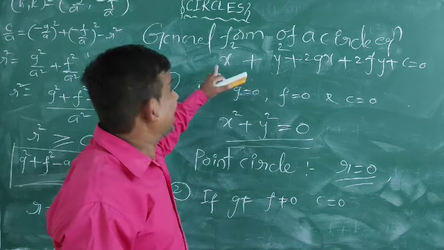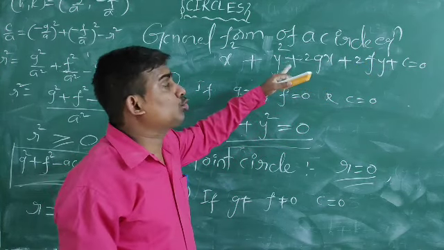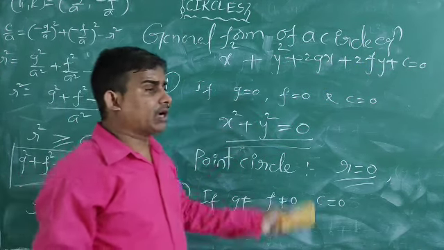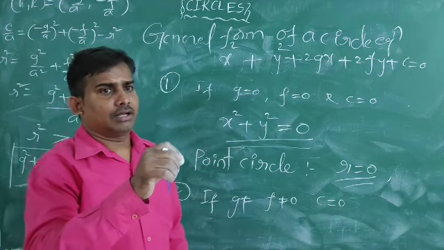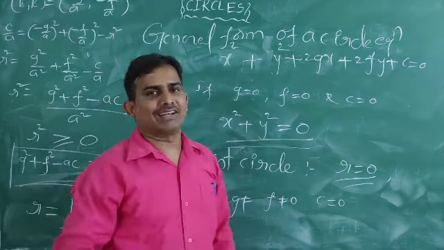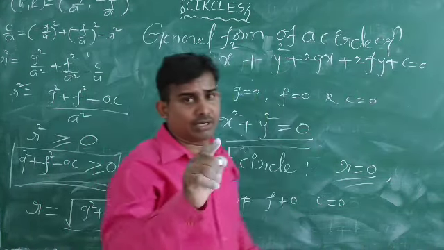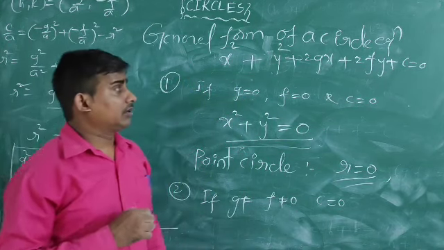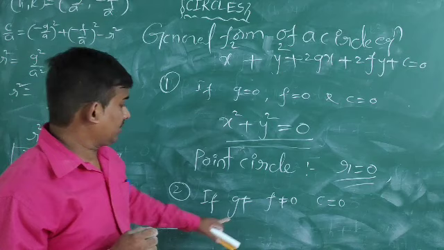That means it is a circle with center (minus g, minus f), but it passes through the origin. In any equation, if there is no constant term, that equation represents some curve which passes through the origin. That's why, if our circle has no constant term, please remember, I am explaining the nature of the circles in different cases.